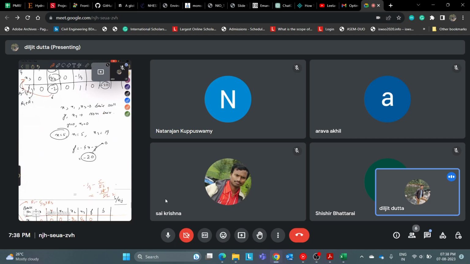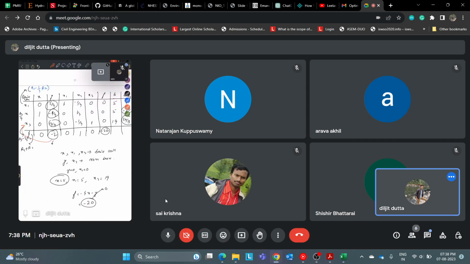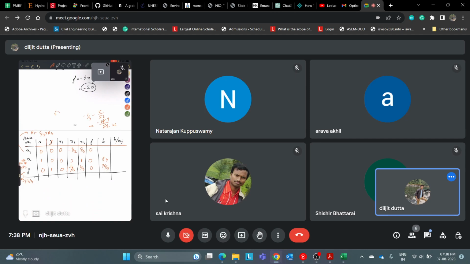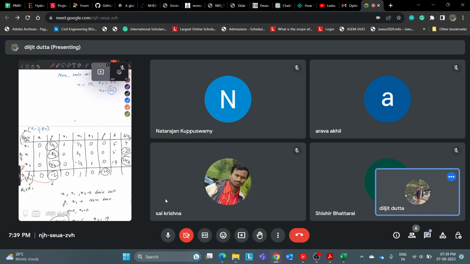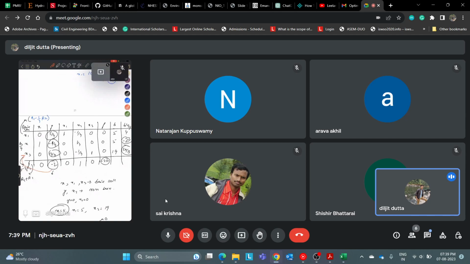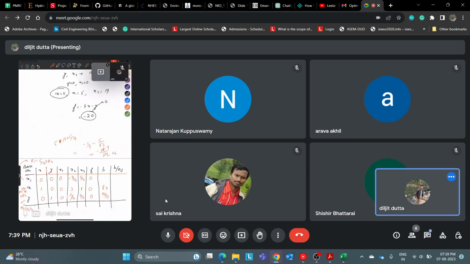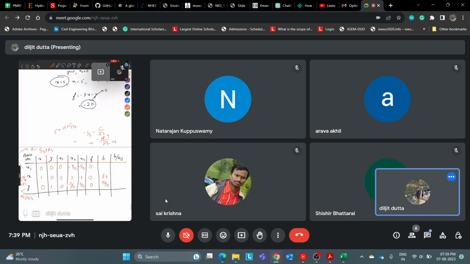F will be 0 and B will be 5 plus 19 into 5 by 13. Sorry, this is minus, right? Sorry. It's 5 minus 19 into 5 by 13. So this will be minus 1 by 4 plus 5.